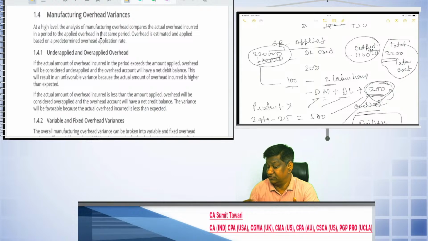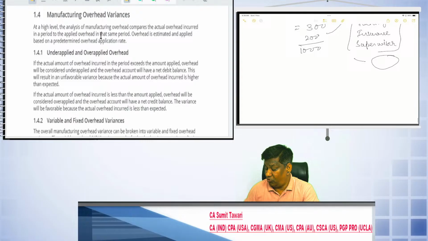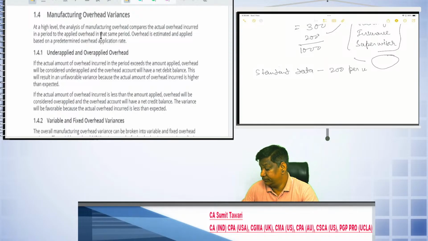So that is the case. Now, what is under applied and over applied? On the basis of standard data, I apply the 200 rate per unit of production, and I produce 1100 quantity.